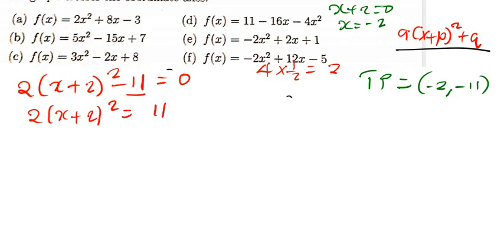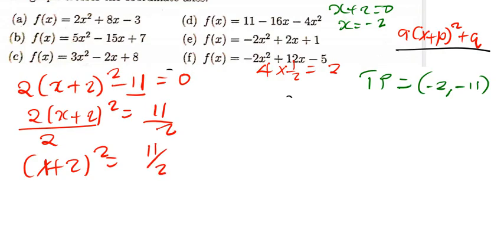Now from here, I'm going to divide both sides by 2. Then I'll have (x + 2)² is equal to 11 divided by 2. Now we want to find the value of x.